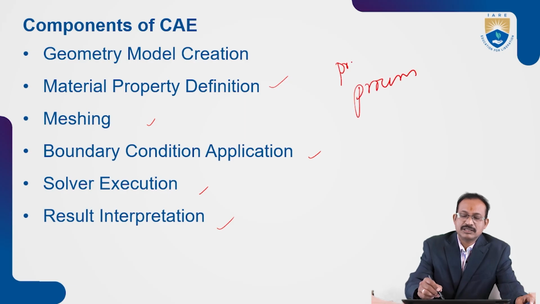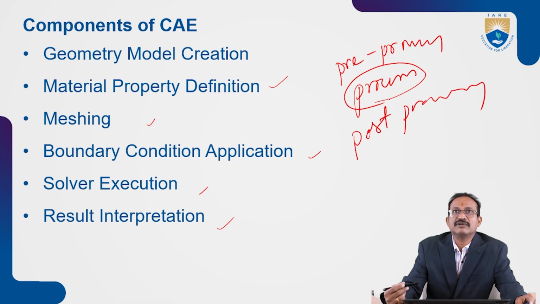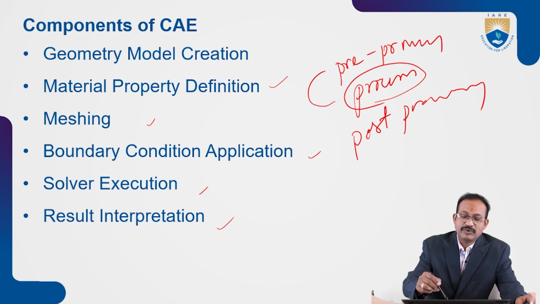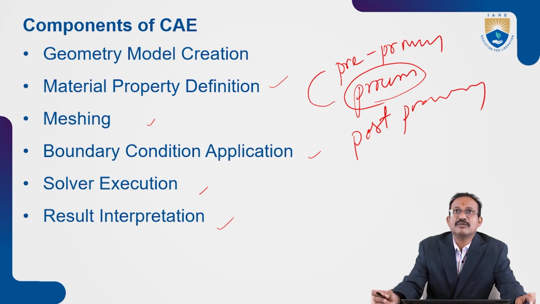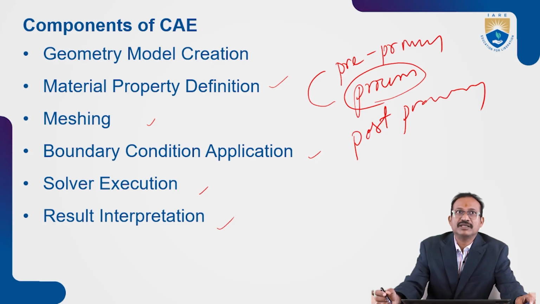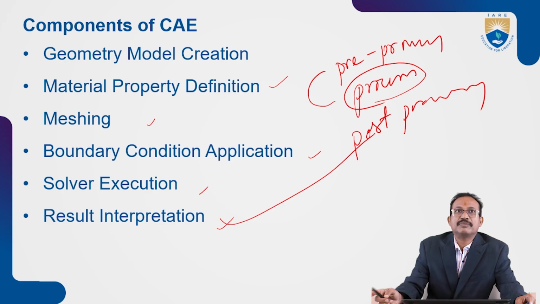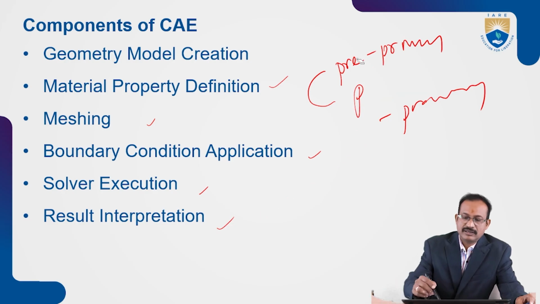Before that is pre-processing, and after processing is post-processing. During processing, the exact processing takes place. Before processing, the stage is called pre-processing, where we arrange all the boundary condition applications and everything. Post-processing means interpretation of results.